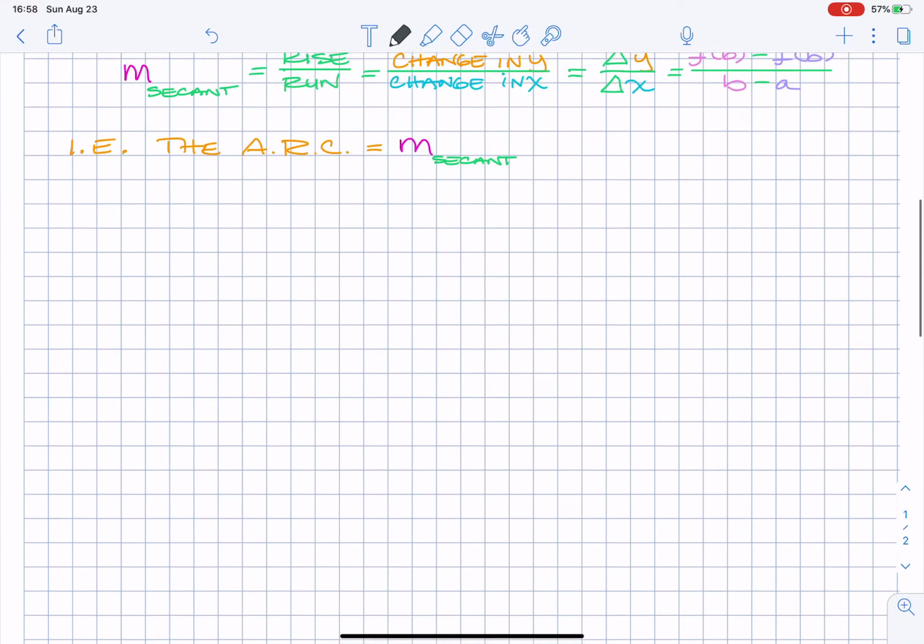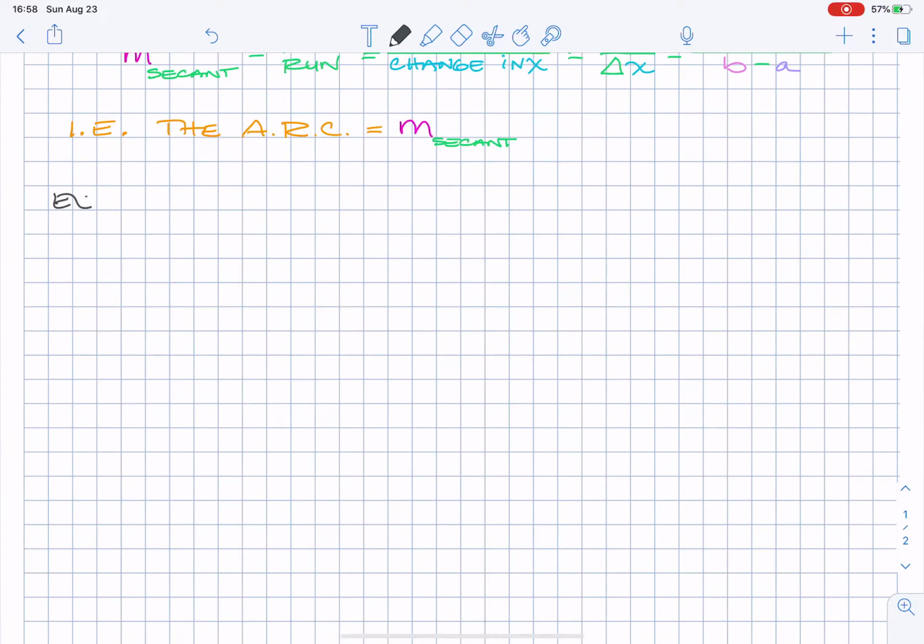Okay, so that's what the average rate of change is, the slope of the secant line. So for example, let's actually evaluate the average rate of change. Let's let f of x be as pictured below.